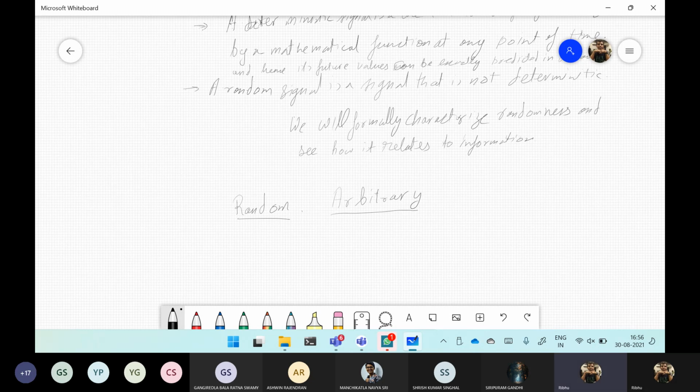By the time we end this course, the word random will have a proper meaning: random is structured randomness, and what is arbitrary is what we use for unstructured randomness. So we'll talk about structured and unstructured randomness as well.